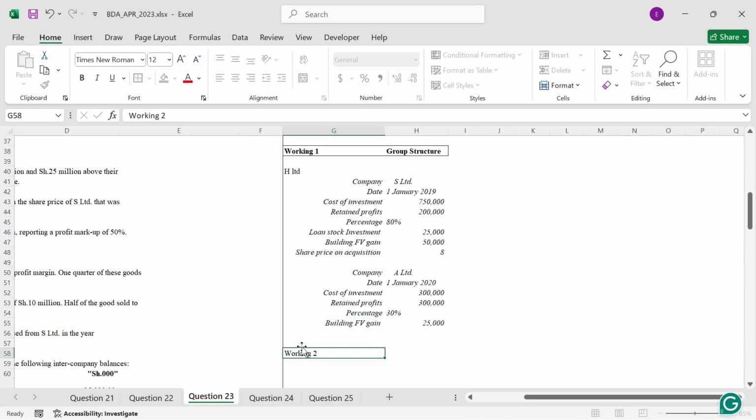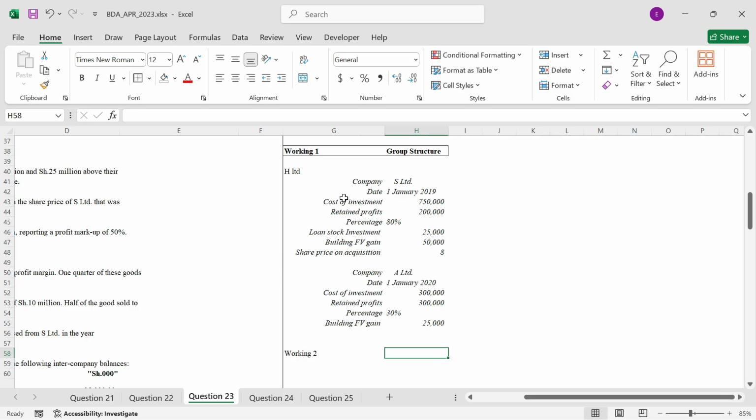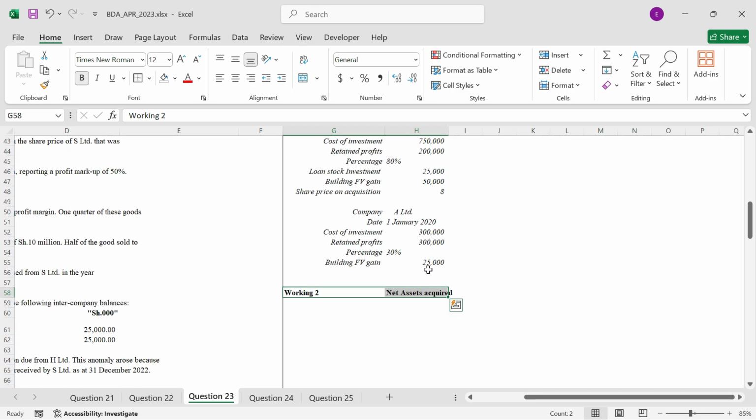Working through, after finding out my group structure, the next thing is to find my purchase consideration, which in this case is already given. Next, I should find my NCI acquired and my net assets acquired. My net assets are the sum of my share capital, the retained profit at the date of acquisition, and then fair value gain.